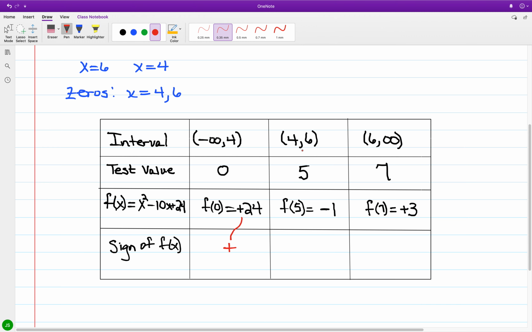Anything we plug in greater than 4 and less than 6, in this case 5 is the test value, the result is going to be negative. Anything greater than 6 is going to result in a positive output. If the output is positive, then f of x is greater than 0, and if the output is negative, f of x is less than 0.